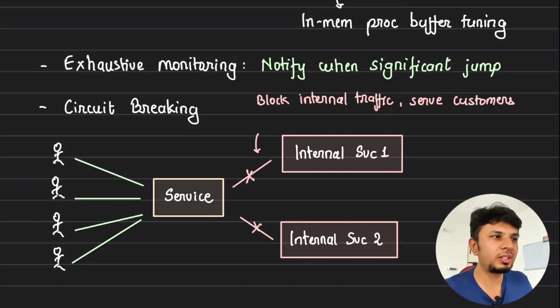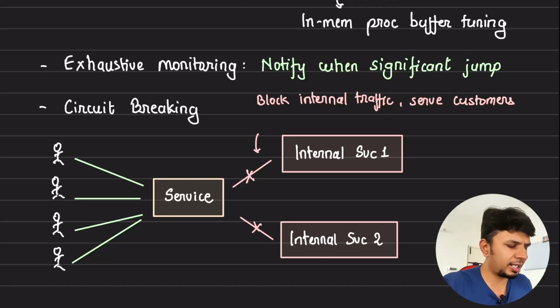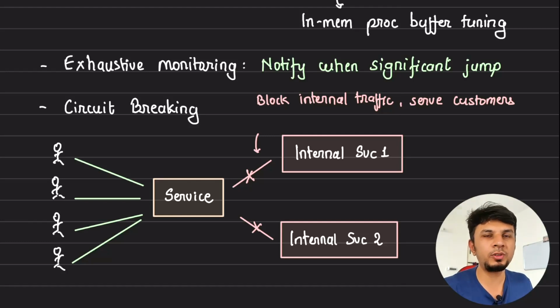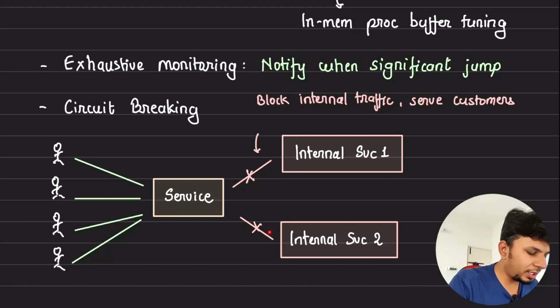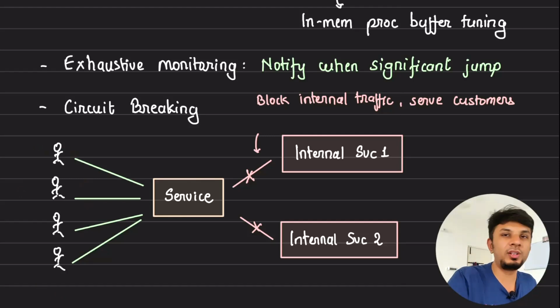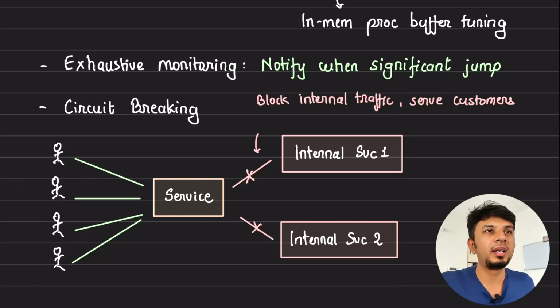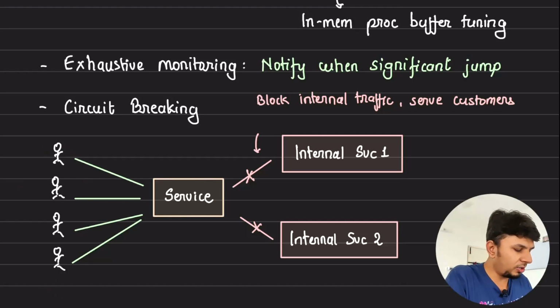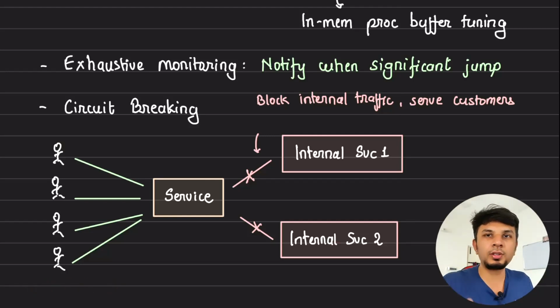So that shows the customer obsession of Google. Obviously this is not just cutting off all the internal services, but they would classify them into those that are critical and those that are not. Cutting off the traffic that came from internal services while serving the end users is a very solid way of ensuring your end users see a minimal impact while your internal services suffer to some extent.